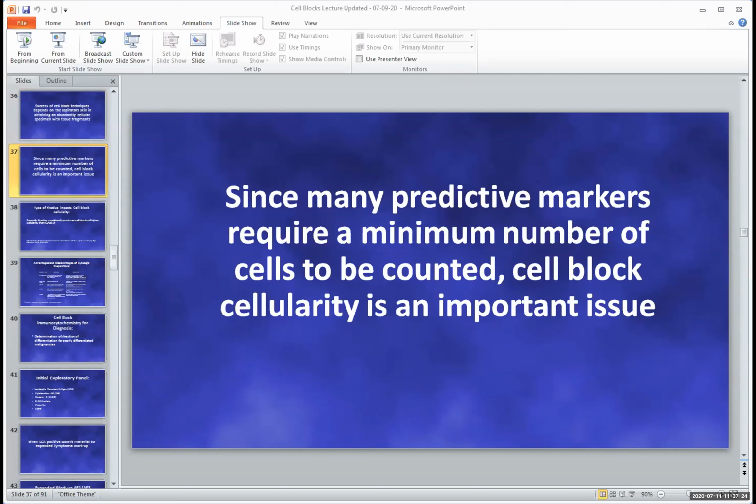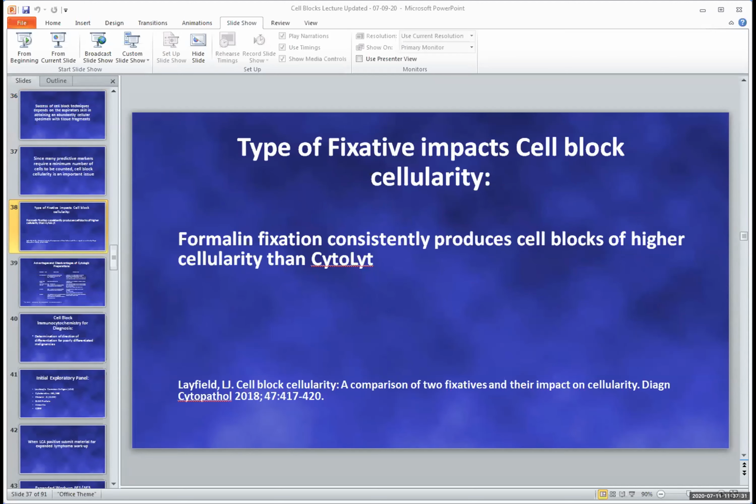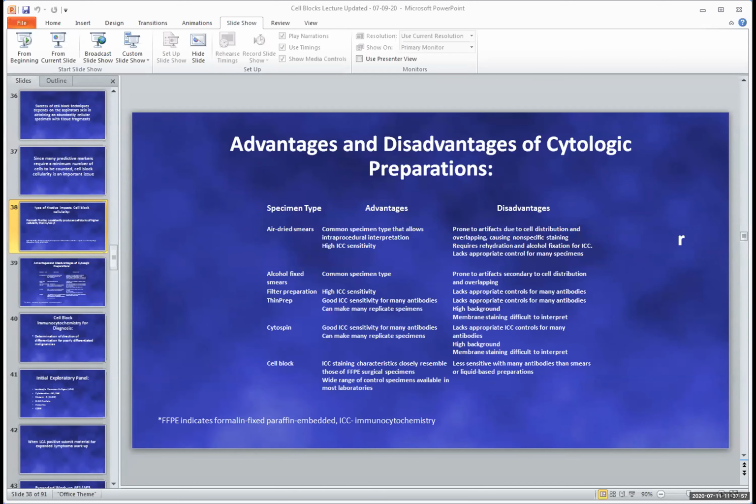Now, since many predictive markers require a minimum number of cells to be counted, cell block cellularity is indeed very important. And it's known that type of fixative does impact cell block cellularity. In a study I did a few years ago, formalin fixation consistently produced cell blocks of higher cellularity than did CytoLyt fixation. And so in my laboratory, we use only formalin fixation for the preparation of cell block specimens.